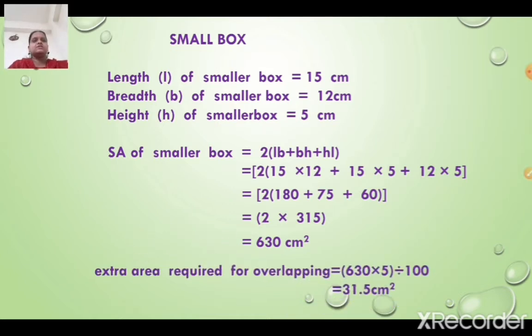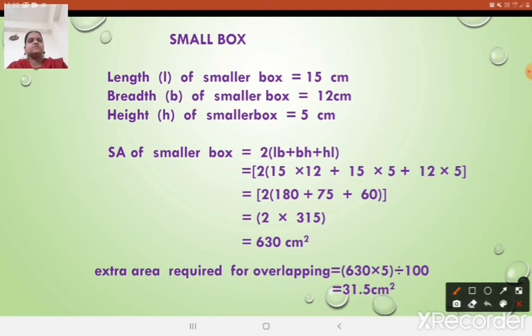Let us see the next step. The next step is, we have to find the extra area required for overlapping. So what was that? 5% of the total surface area. Do you remember the steps? Yes, it is 5% of SA. So 5% means 5 upon 100 into SA, that is 630.